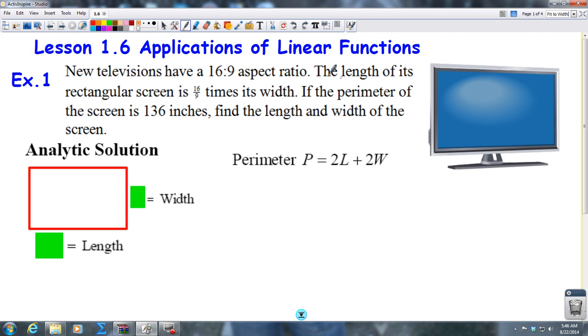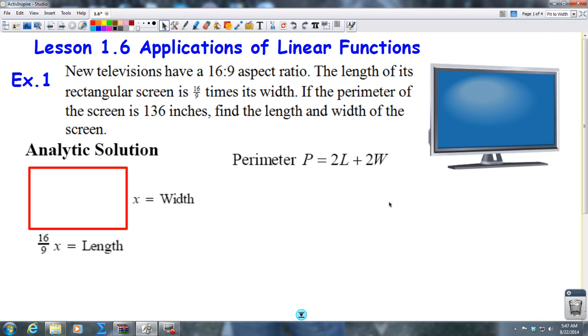So let's assume the width is x. Since that's x, to find the length, all we have to do is multiply x by 16/9. So 16/9 x is going to be the length.